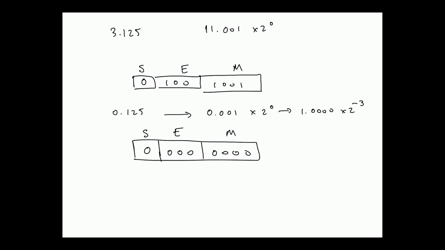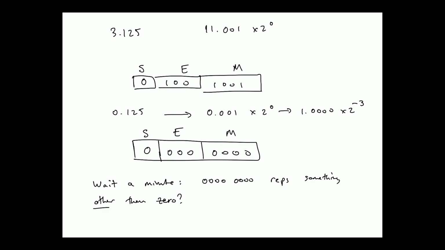So what the problem is, if I handed you a bit pattern of all zeros and asked you what this represents, instinctively you would probably say 0, yes? That was certainly true in integer land. All zeros meant 0.